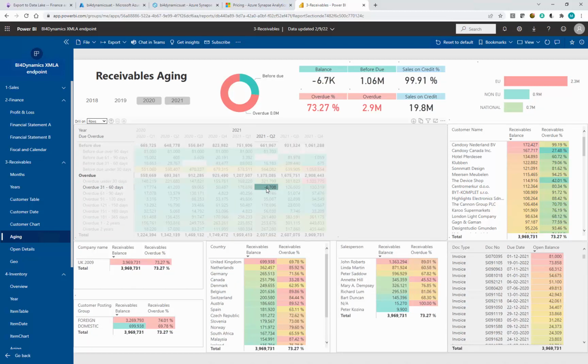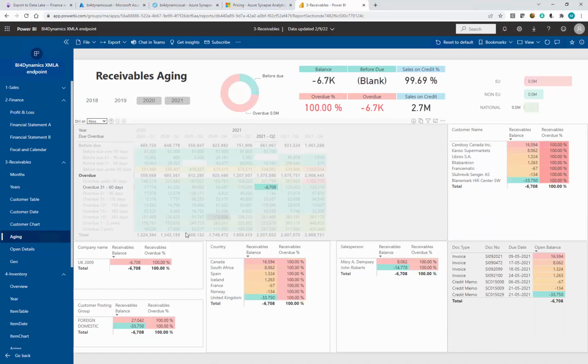And if we want to see why this value here is negative, every table here is being filtered. We look into the customer value, and you can see this is a customer whose balance in this time was -33, and we can go to the document level, which was an open document, should probably not be open, it should be applied to an invoice if that was open at that time.